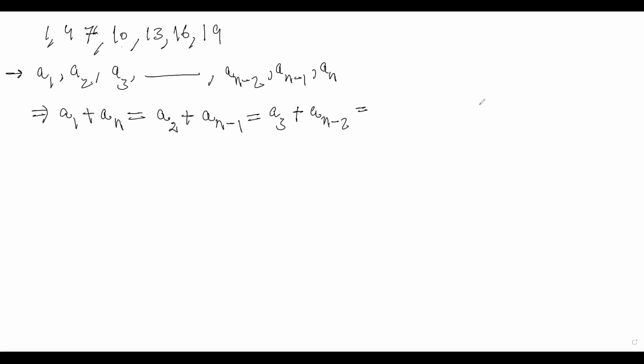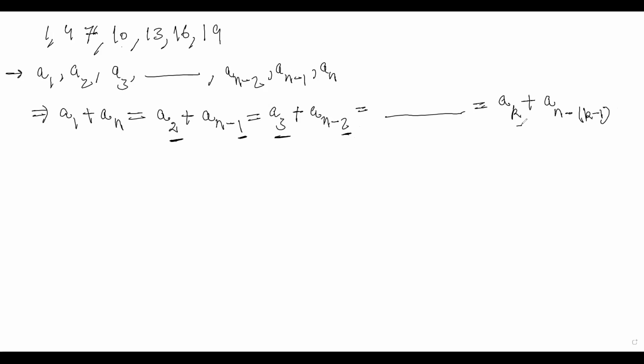This can be generalized as, if this term is k, then this term will be n minus k plus 1. See, if it's 3, 2 is subtracted from n. If it's 2, 1 is subtracted from n.